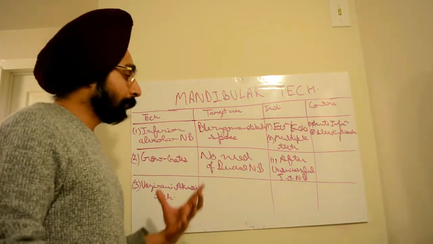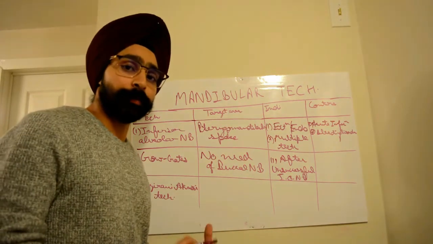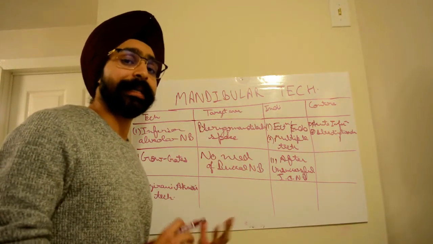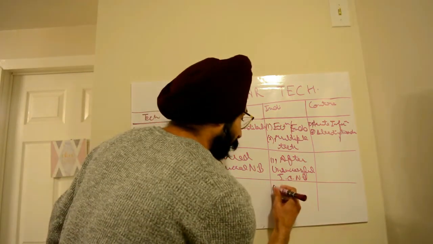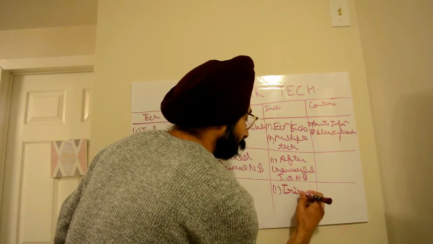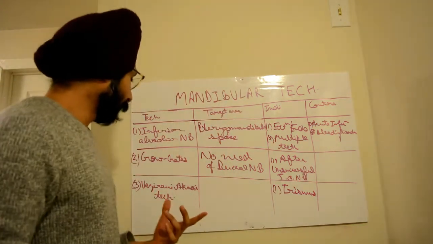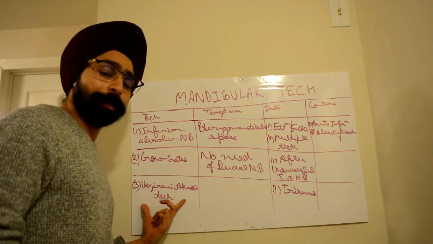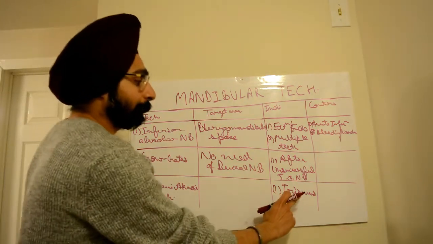Vazirani-Akinosi technique has a main indication when patient cannot open his mouth, or a patient has trismus, or a patient has limited mouth opening. In case of trismus, for ACJ exam, we only give Vazirani-Akinosi technique instead of inferior alveolar nerve block.